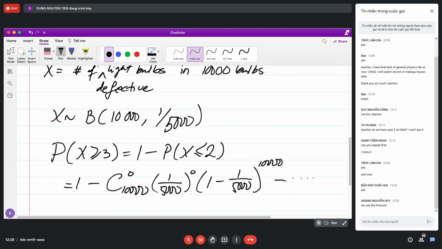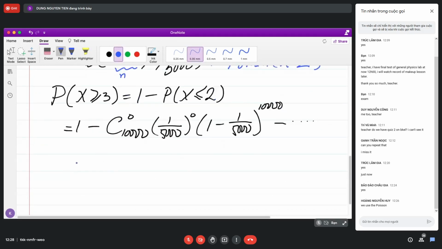But you see that you can approximate this by a Poisson distribution, because in this case n is quite big, 10,000. It can be approximated by a Poisson distribution with the parameter lambda. What is lambda in this case? It is the product of the two values. So you get 10,000 over 5,000, which is 2.